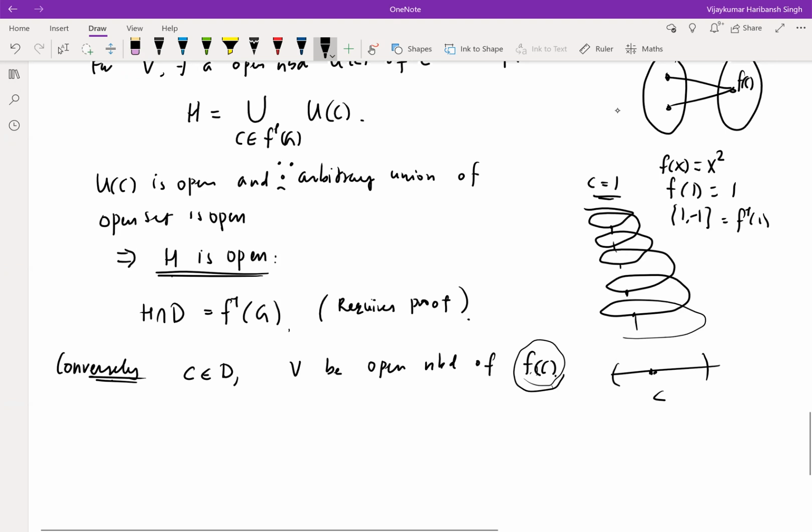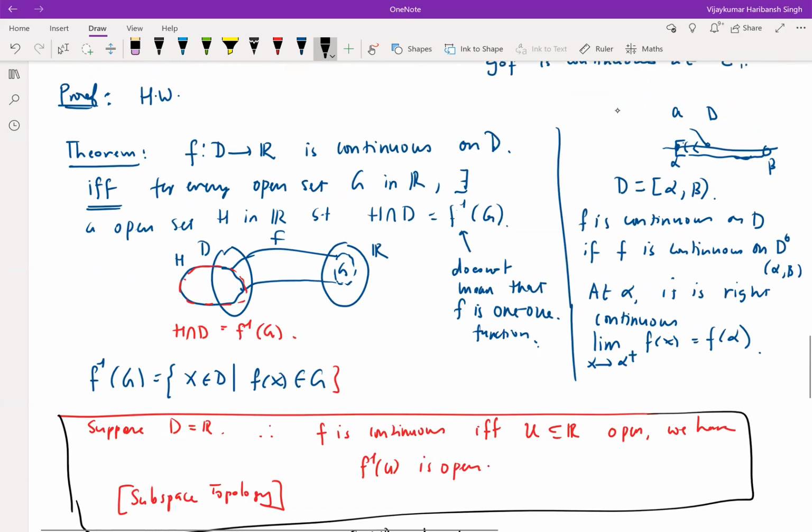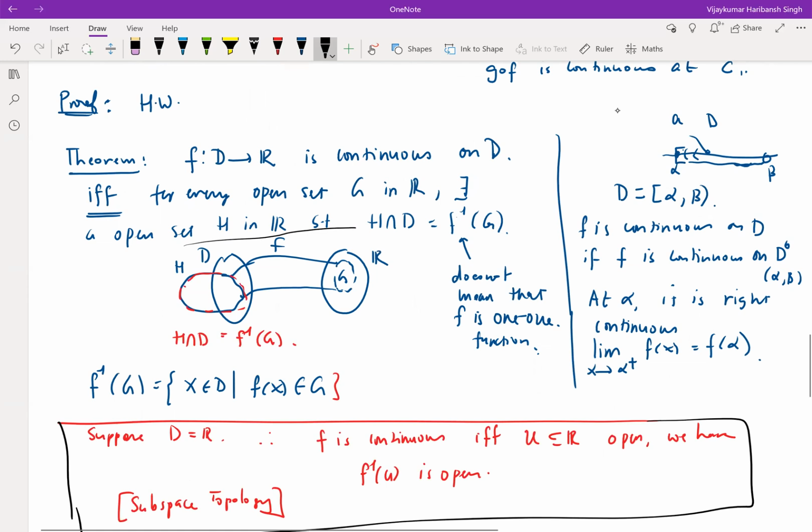So since V is open, this implies by our criteria that there exists an H, a neighborhood. We need to show that it's a neighborhood of C, but there exists an H. Our statement says that there exists an open set H in R such that H intersection D is f inverse of V, right?